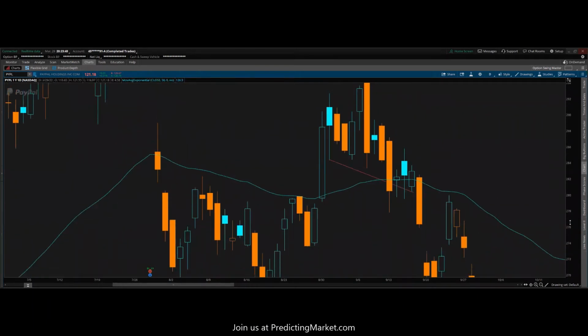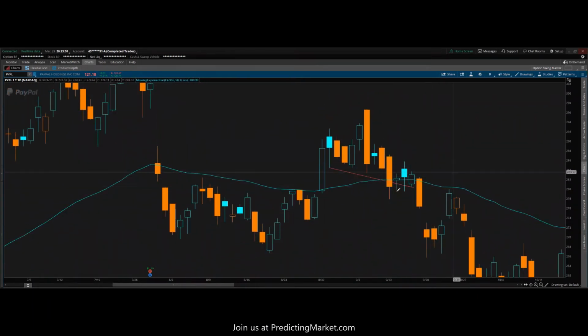I told you earlier. If I had purchased here, I would have lost a huge amount of money, right? So extend this trend line to get a confirmation, to see if it is breaking down or not. So if you see, it is following this trend line and it is breaking here.